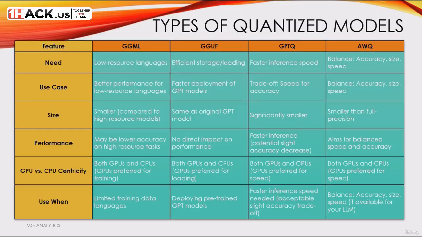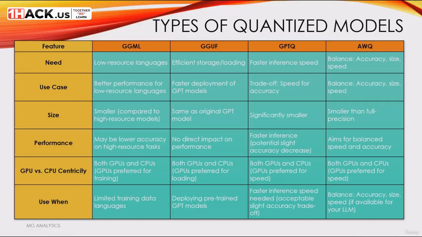Now, there are different types of quantized models. There are GGML, GGUF, GPTQ, and AWQ models. This is the chart which you can keep handy to understand what each one is used for.